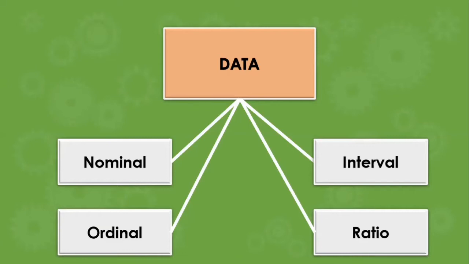Okay, there is an order. That's ordinal data. So how do you feel today? Based on our example, from a point scale of 1 to 5, where 5 is the highest and 1 is the lowest.